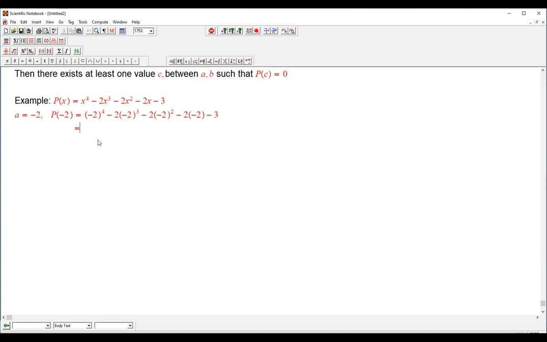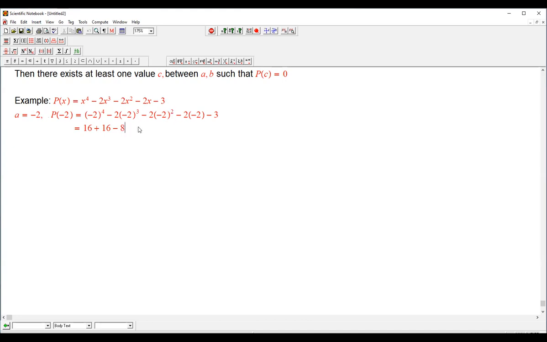-2 to the power 4 is -2 times -2 times -2 times -2, 4 times, so that's 16. And -2 times -2 to the power 3, that's another 16, so plus 16. And over here, -2 times +4, so that's -8, right?